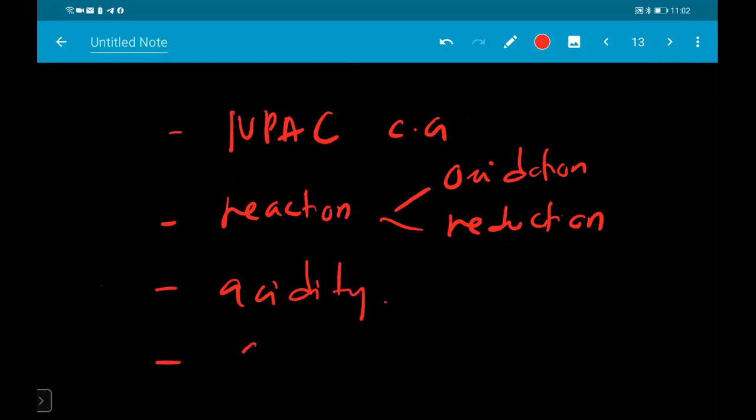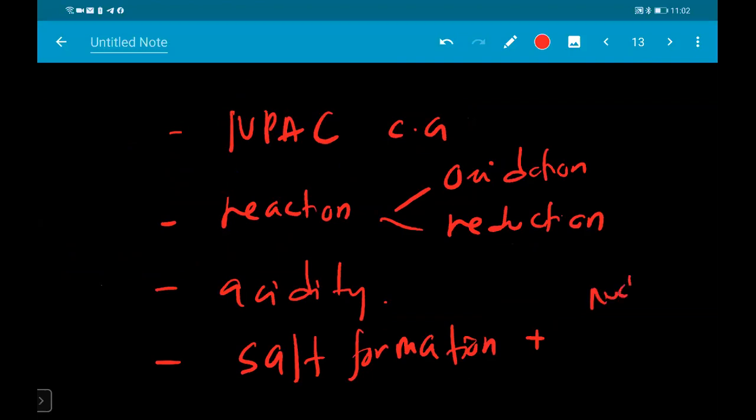And lastly, we talked about salt formation together with the general concept of nucleophilic substitution. Right? So hopefully you try to visit back every discussion that we had.